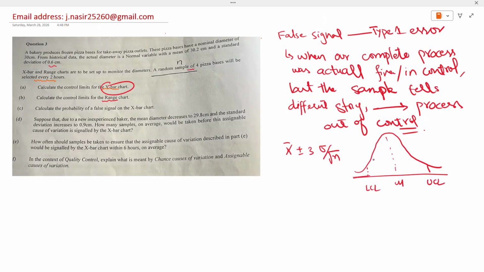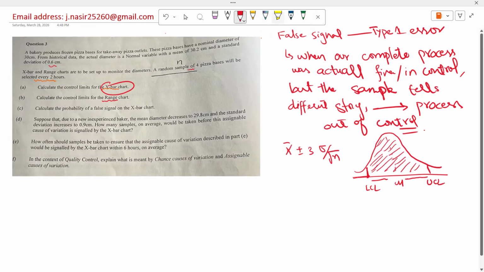We're fine if we are within this range, shaded within the red lines. This is our boundary. If we go above or below it, this is the area in which you will signal that your process is out of control.